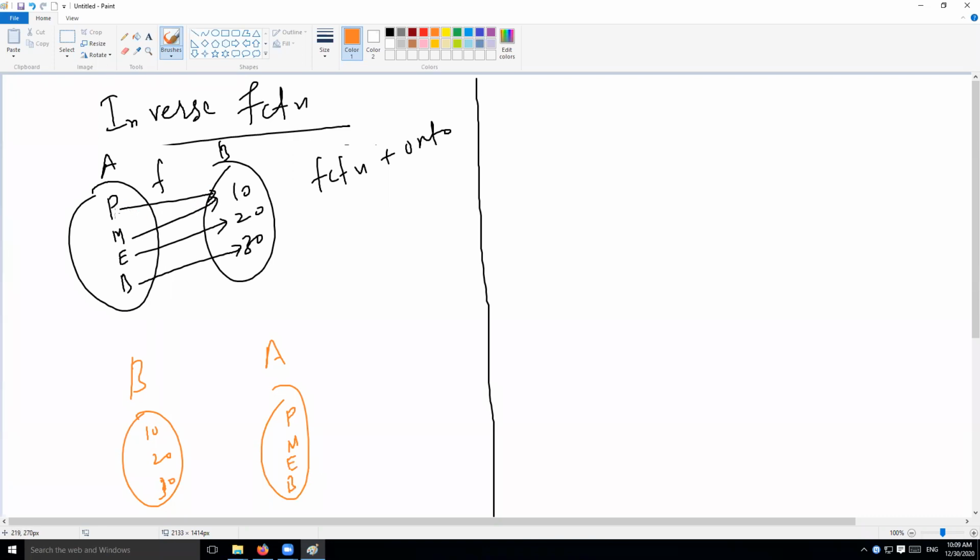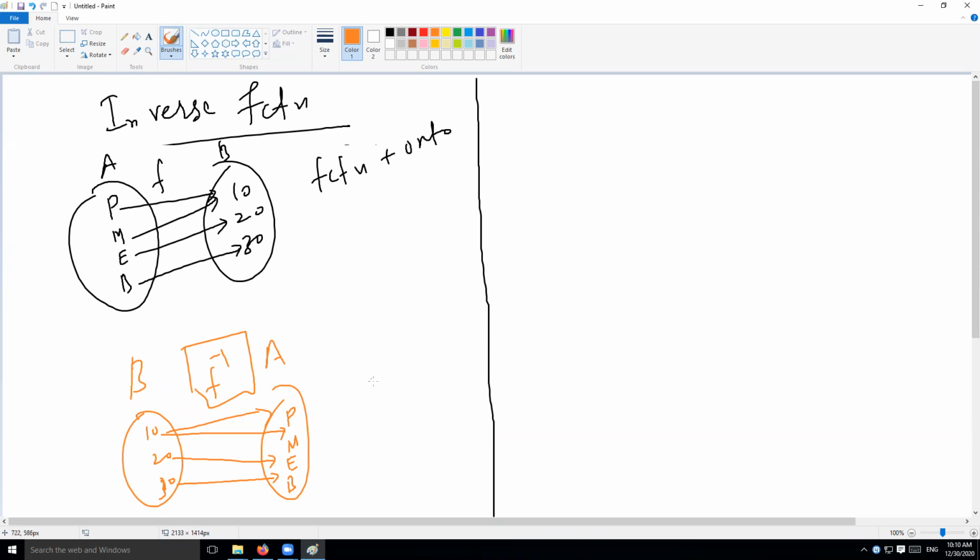So here the P and M are related with 10. So let's do the 10 is related with P and M. Okay. The 20 is related with E and 30 is related with B actually. I'm gonna call this the inverse of the function. The question is, this inverse that I have defined, which you can treat as the reverse actually, is this a function?